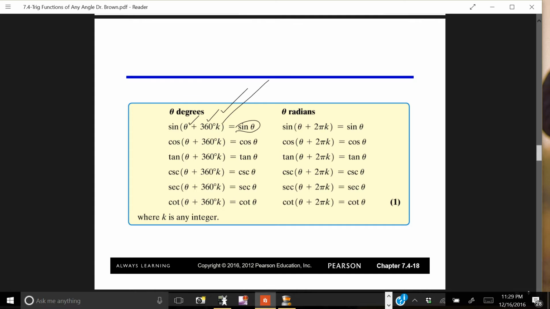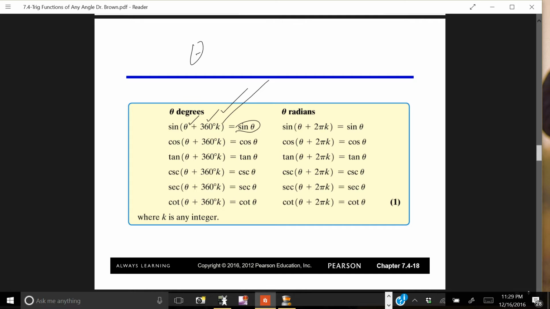This just says you can start out at theta and then go around and around, 360, 720, 3 times 360, etc. Either way, and you will get the same thing.